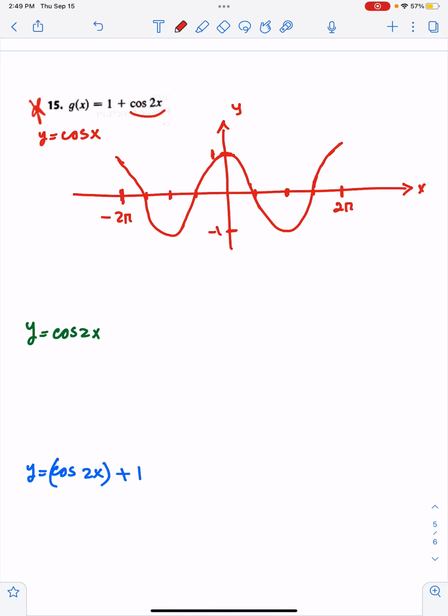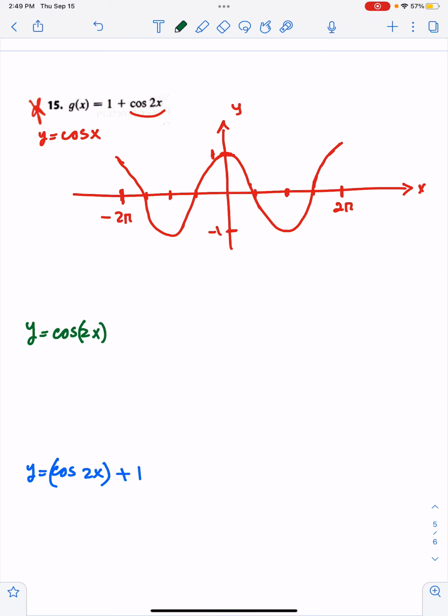Now, for cosine of 2x, you are compressing the graph, or in other words, multiplying the x values by half, because it's happening inside.